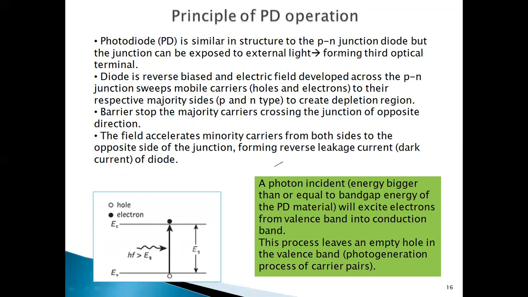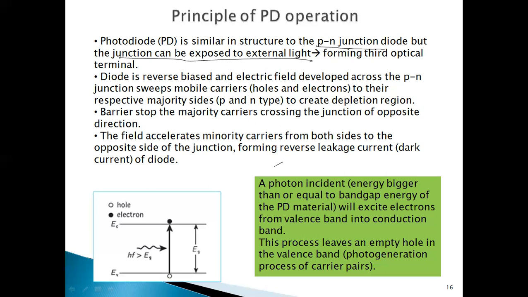The junction can be exposed to external light. This is one of the special characteristics of the photodiode: the junction needs to be exposed to the external light so that the photodiode can function properly.